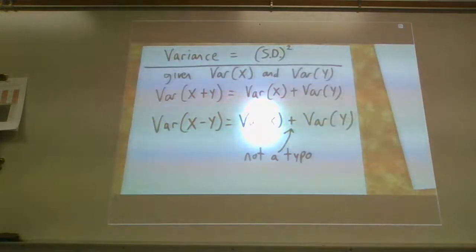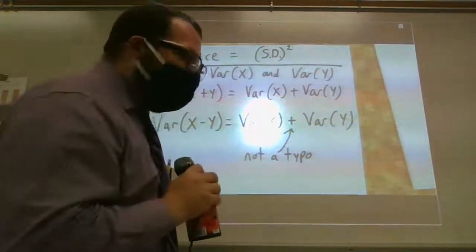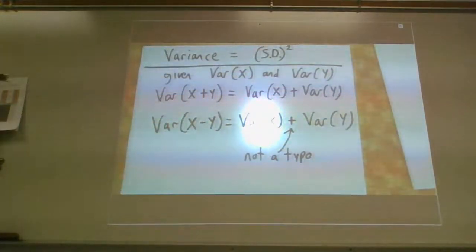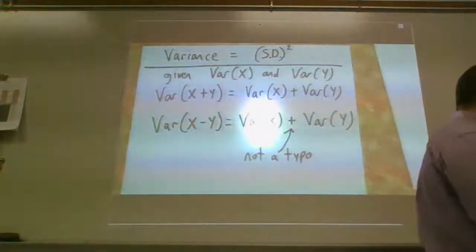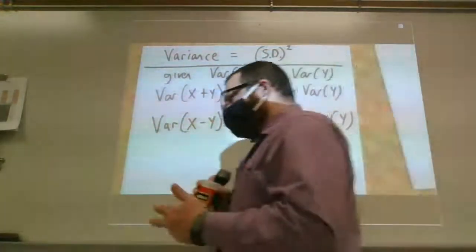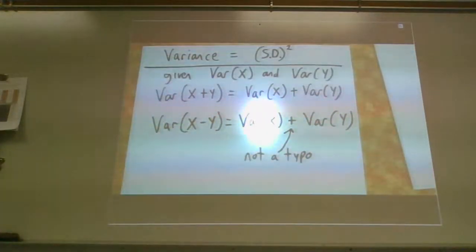Now, we ran out of time last time. Some people were giving their ideas as to why that was, but I wanted to give an example, a visual example, as to why that is what it is. Think about what standard deviation actually is. Standard deviation, for the lack of a better term, is the average deviation from the mean.